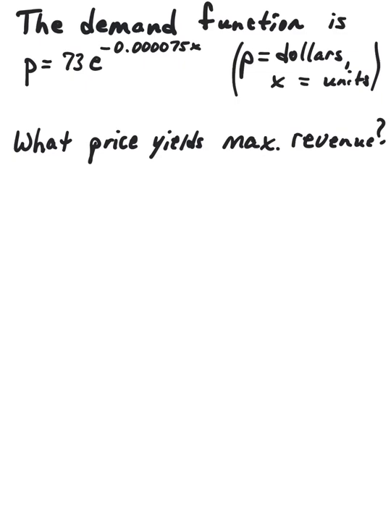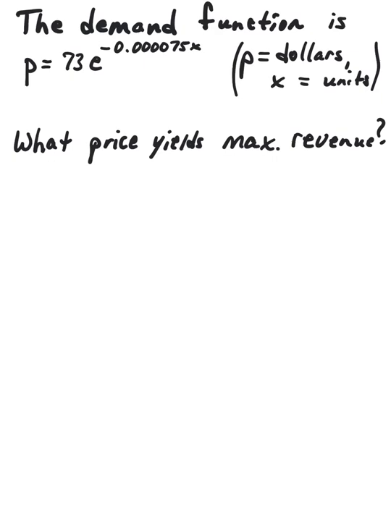The demand function is given by p equals 73 e to the negative 0.4025x, where p is in dollars and x is in units. Part A of this problem, and this will match what your homework assignment has in it, what price yields maximum revenue?